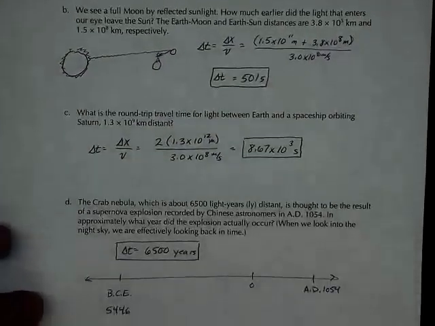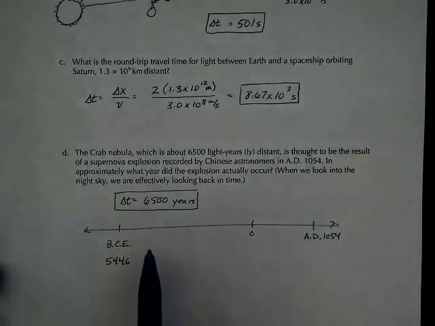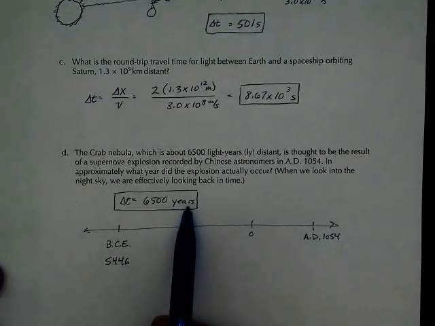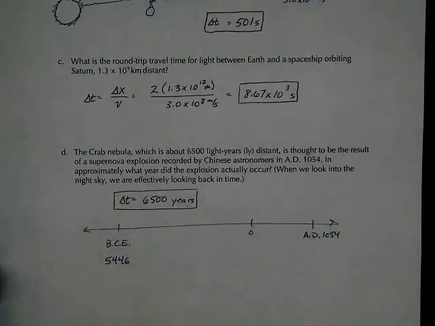And I see my work is entirely off the screen there, so I will slide down. So the time, 6,500 years, and then 1054, all the way back to 5446 before the Common Era would be the time when the supernova happened 6,500 light years away.